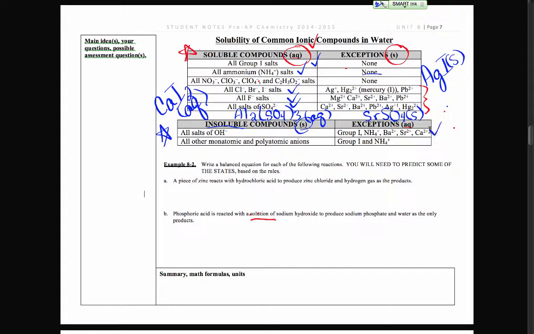Our exceptions for hydroxide are group 1, ammonium, and then barium, strontium, and calcium ions. So barium hydroxide is an exception: most hydroxides are not soluble, but since it's an exception, it would be aqueous. Hopefully you can interpret that table.